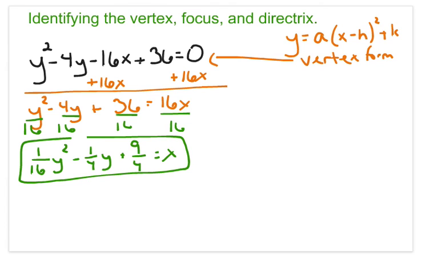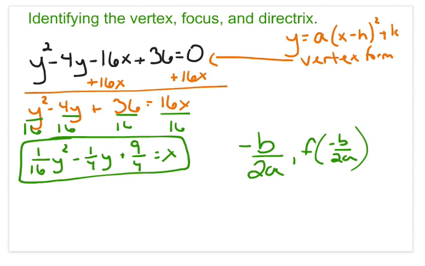Now, just like you learned back in Algebra 2, it's very similar to that. Your vertex is going to be negative b over 2a for your x value, and then to find your y value, you take that number and put it back into the equation to find the other.